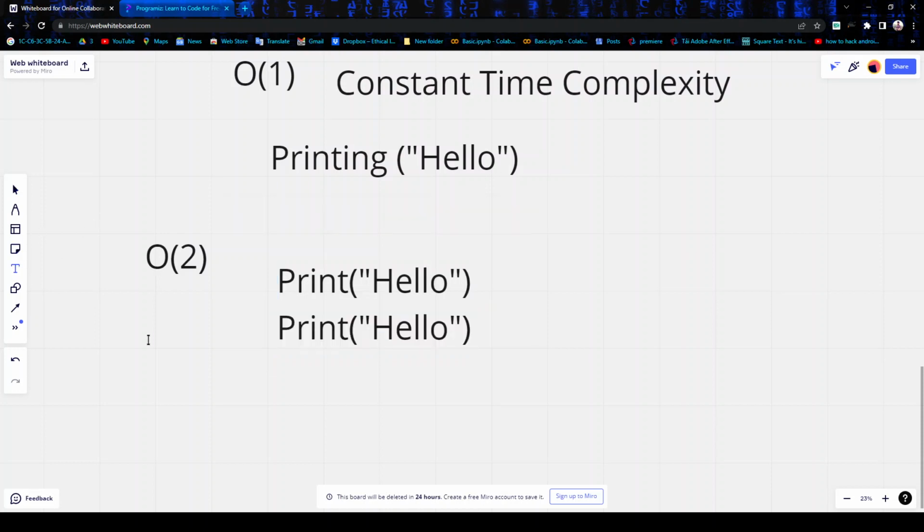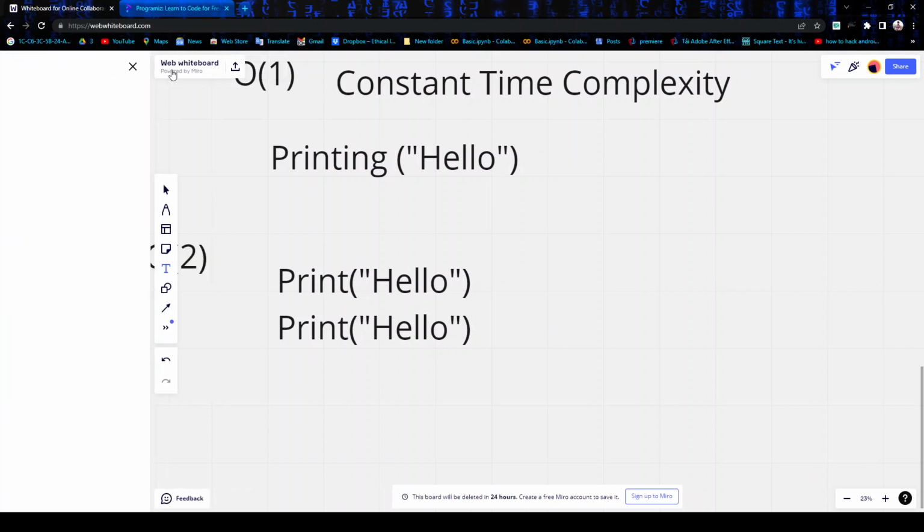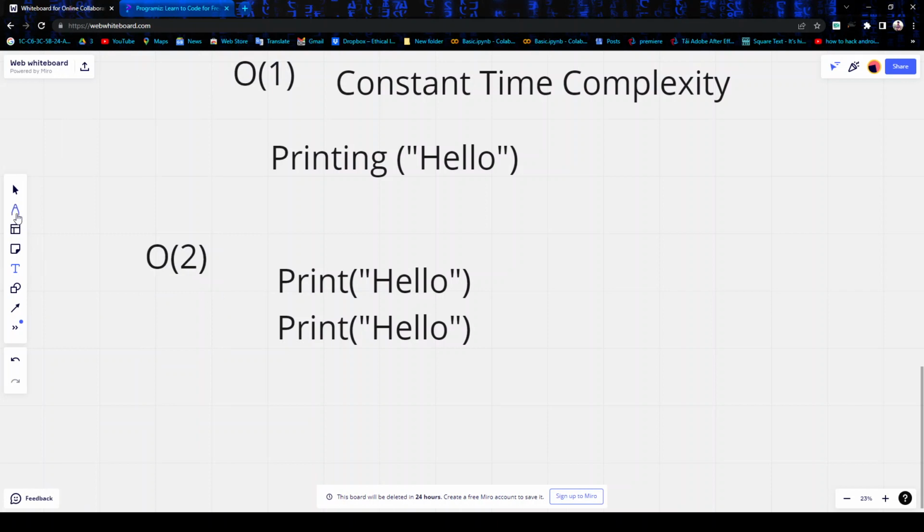Now, another question comes: why are we not talking about the exact time complexity? That is, why are we not saying that this particular thing is taking, let's say, 10 milliseconds, and this is taking 12 milliseconds? The reason is that each output will depend upon the computer itself.